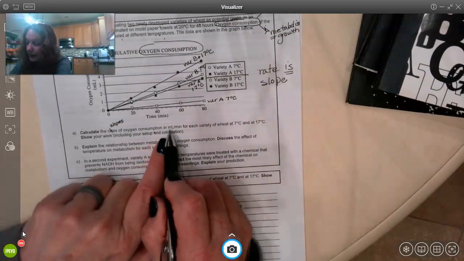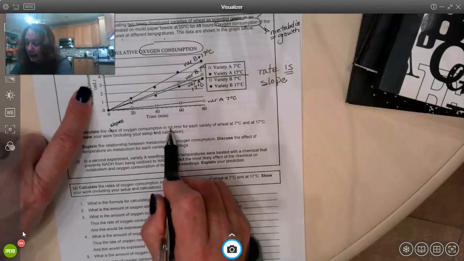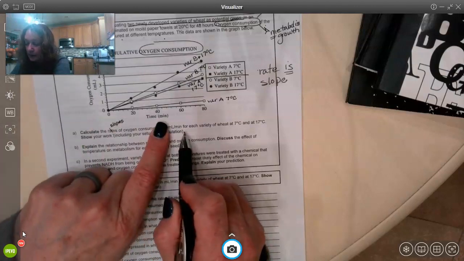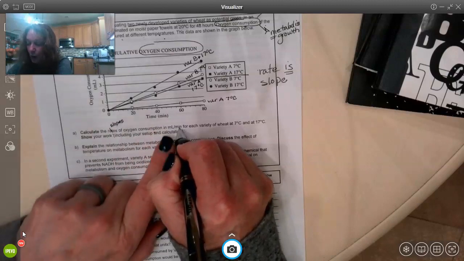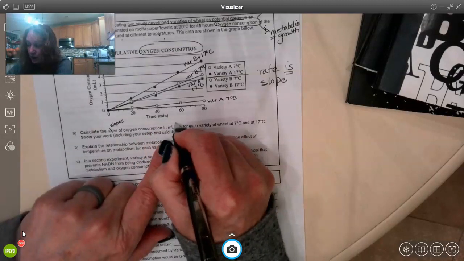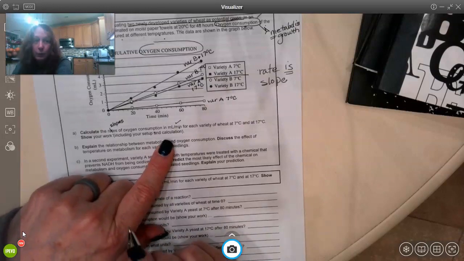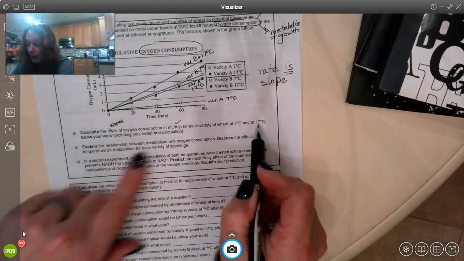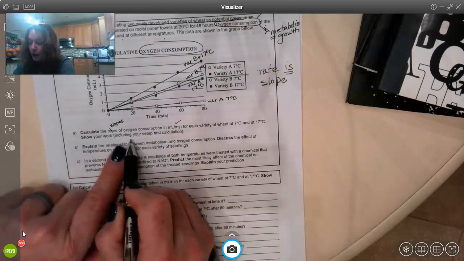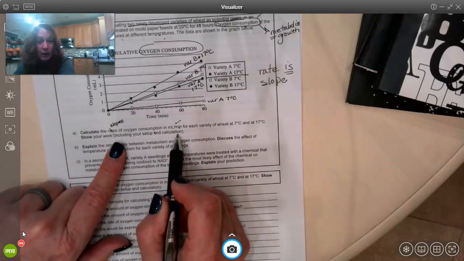And it's in the units that they gave, milliliters per minute. So if it's milliliters per minute, which is y over x, that's just another confirmation for you to go, okay, I know what I'm doing. For each variety of wheat at both temperatures, show your work, including your setup and your calculation.